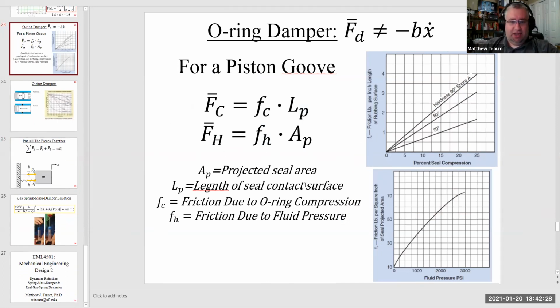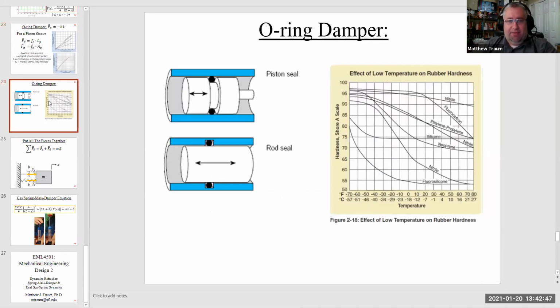It's a table in chapter 5, which I don't have time to show because we're at the end of class. But that's where those values come from. So you measure the O-ring, and then you pull the value for LP and AP for a piston groove out of that table.